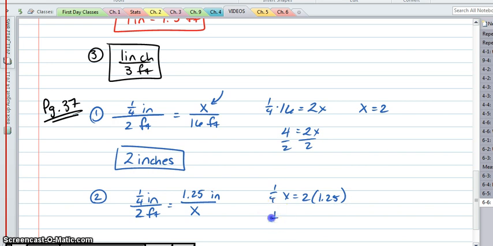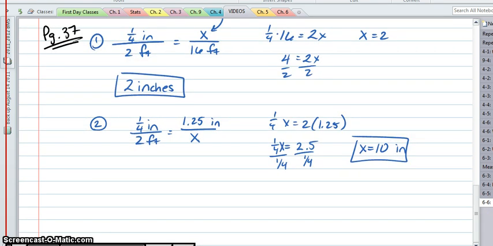When we calculate this out, we get 1/4 x equals 2.5. Divide by 1/4, and remember 1/4 is just 0.25, and we do in fact get a nice number of 10 inches. Hit pause and please complete the rest.